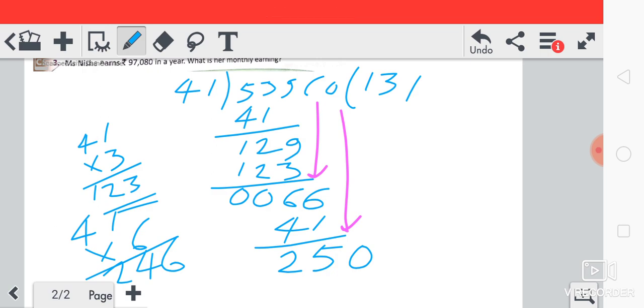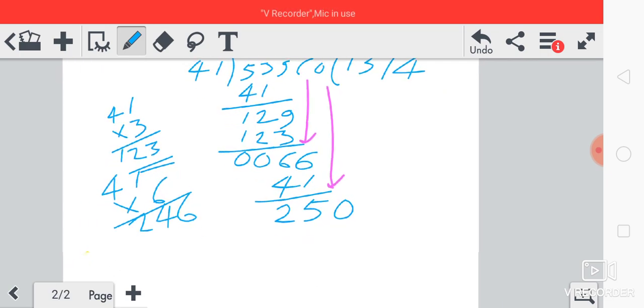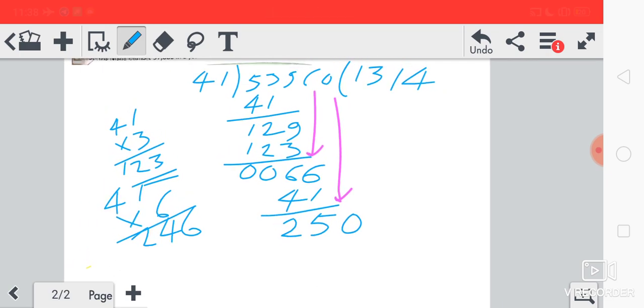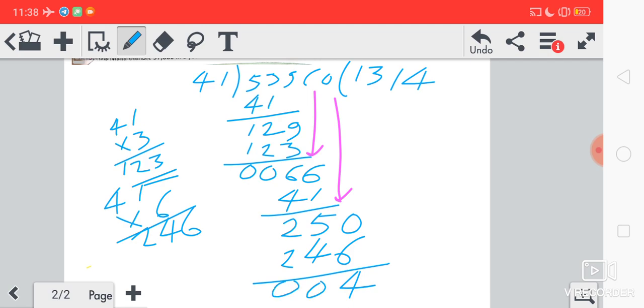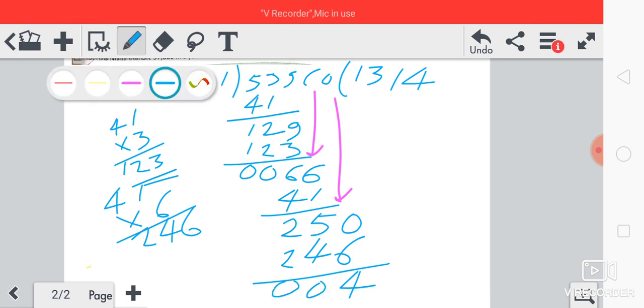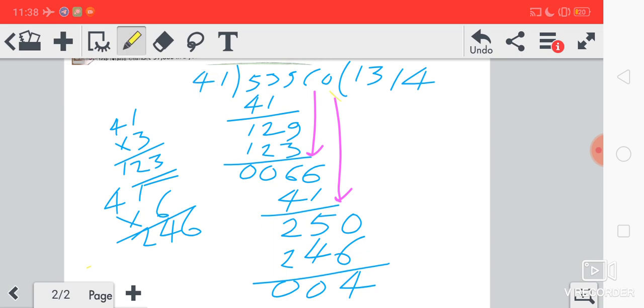So we'll take 6 times. Now subtract it. 10 minus 6 is 4, and here 0, here 0. So how much are we getting overall? Quotient we are getting 1314 and remainder we are getting just 4.